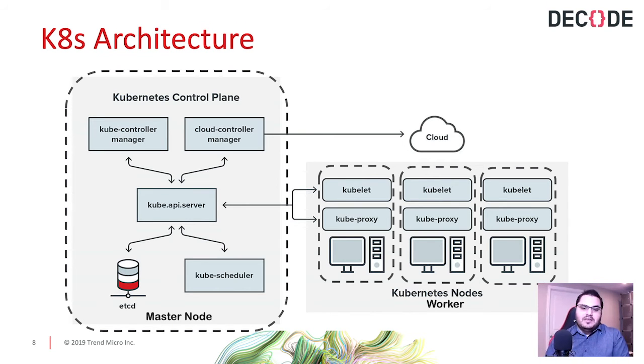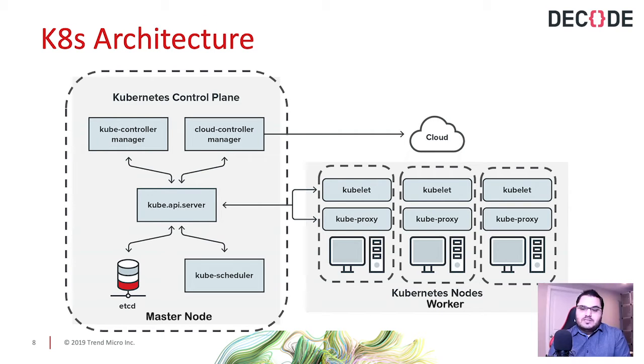And lastly, the container runtime, which is the engine that creates and executes the containers requested by the kubelet, right? By default, the container runtime for Kubernetes is Docker, but you could use other container runtime engines such as Containerd or CRI-O.